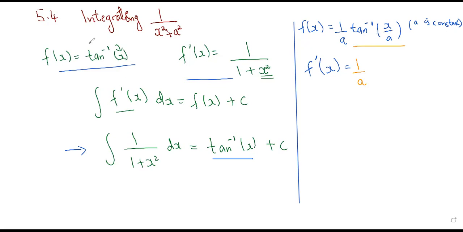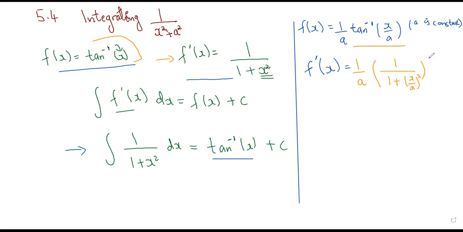So when we had tan inverse x, my derivative was 1 over 1 plus x square. We have discussed in differentiation that the derivative of tan inverse function comes like 1 over 1 plus x by a square. Agreed? Yes. And what is missing?